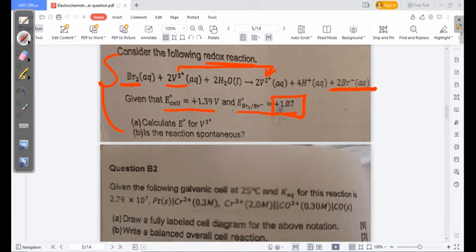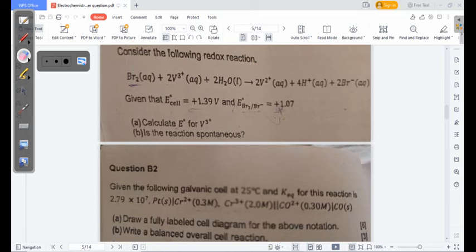Okay, so we have V2 plus here, we have V3 plus. So in terms of half reactions, it is possible for us to just have this as it is. Since it's in ionic form, we can consider this one to be as basic as it appears to be, just as it is, going to give us the other parts. So in that case, we'd have to agree to say that is a reduction half reaction. We were moving from 3 plus to 2 plus.